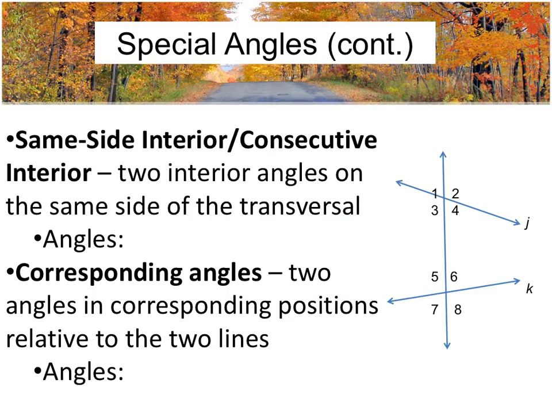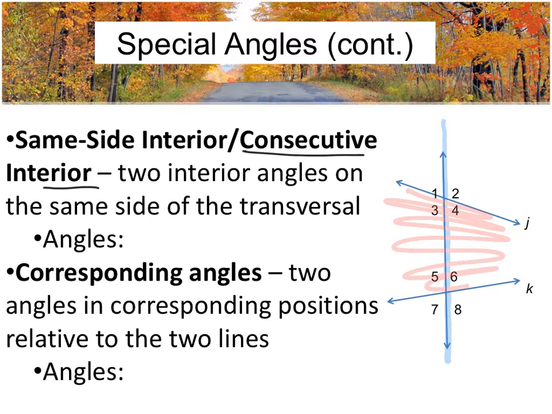Now, our textbook calls this first one consecutive interior. Some other textbooks, and maybe on a standardized test, might also call them same side interior. By same side interior I mean two interior angles on the same side of the transversal. So again, here is my transversal. This is my interior portion.